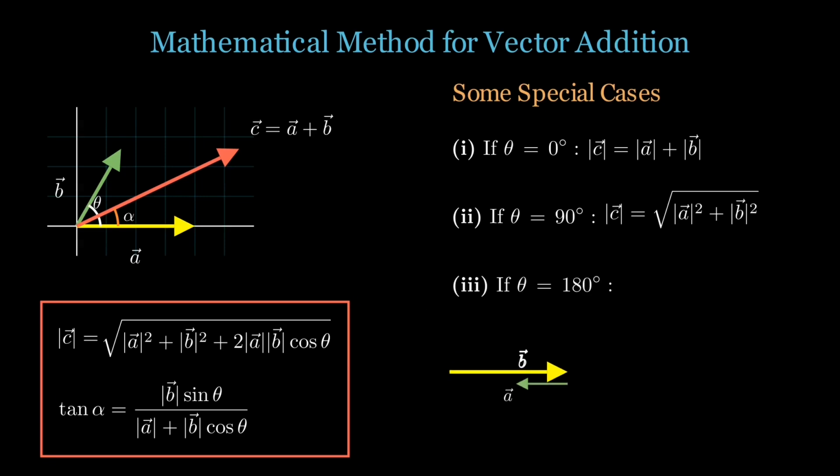Thirdly, when theta is 180 degrees, the vectors are collinear but they point in opposite directions, and the resultant is thus the difference of their magnitudes, that is A minus B.